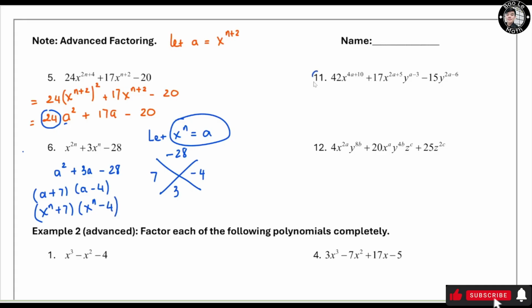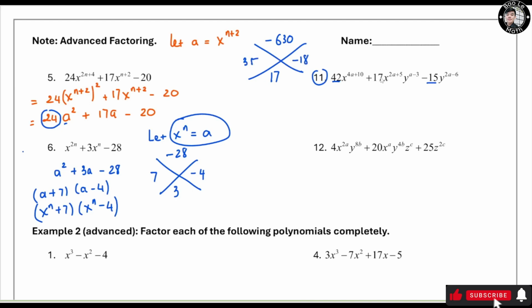Now let's move on to number 11. Observe that if you multiply 42 and negative 15, it's going to be negative 630. So you need to find two numbers that multiply to negative 630 and add to 17. They are 35 and negative 18.